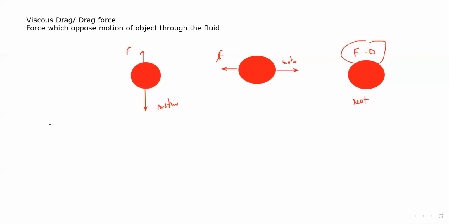So according to Stokes' law, this is only valid for a spherical object which is moving through a fluid having a laminar flow.